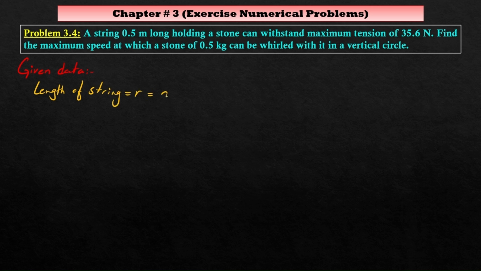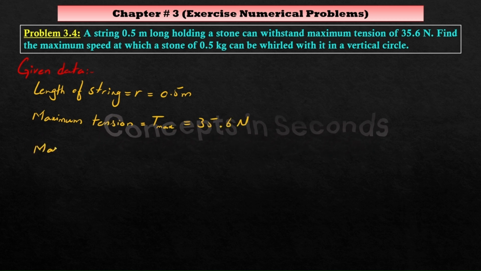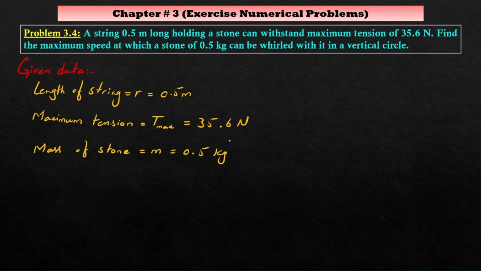So the given data is length of the string is 0.5 meter and maximum tension T maximum is equal to 35.6 Newton. Further, mass of stone is equal to m is equal to 0.5 kilogram. We have to find the maximum speed. So V maximum is equal to question mark.